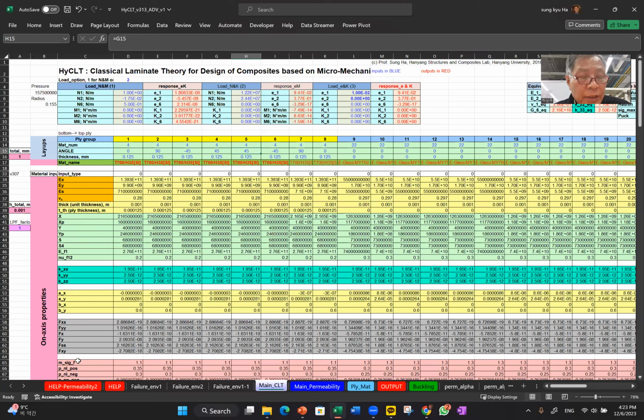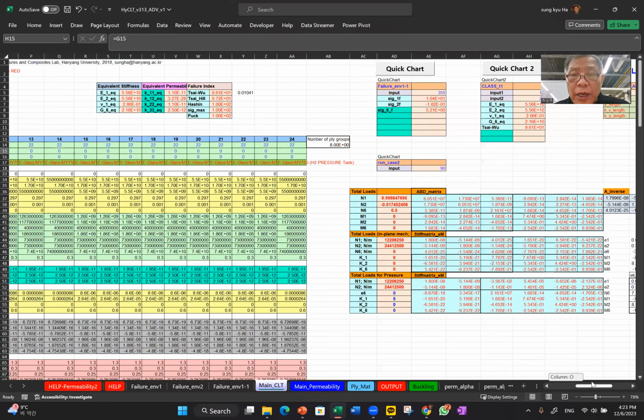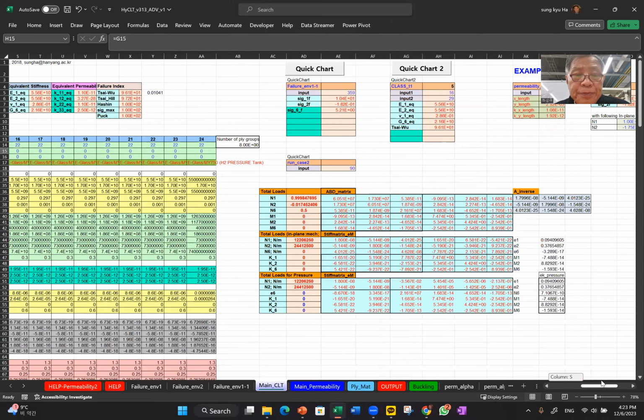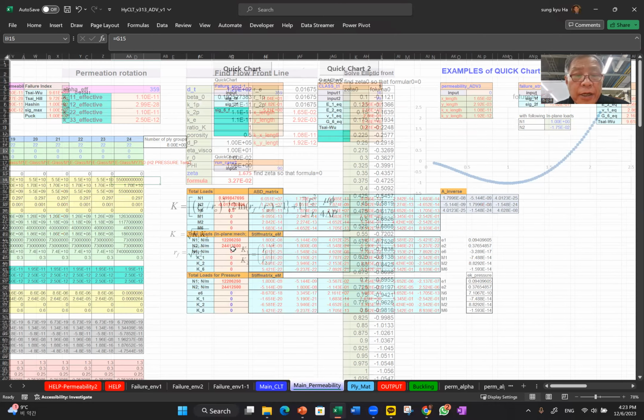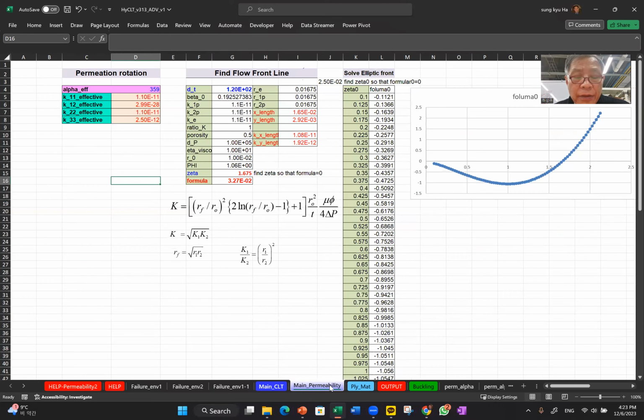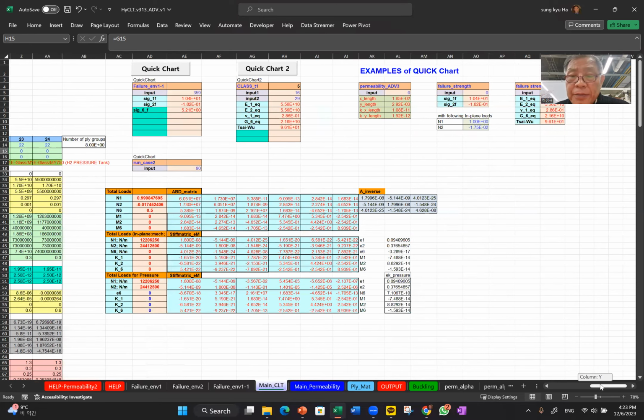We did this simulation last time, but I just want to make sure again. How can we use this quick chart to get the flow patterns? For your understanding, I made a sample of the quick chart. You just copy here.